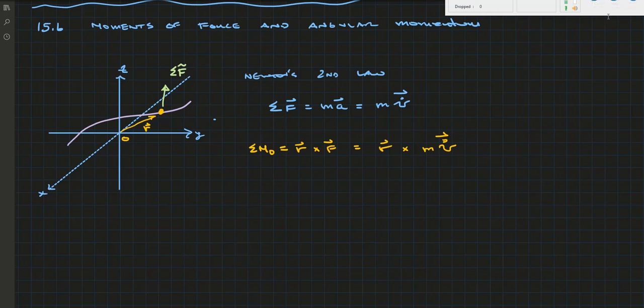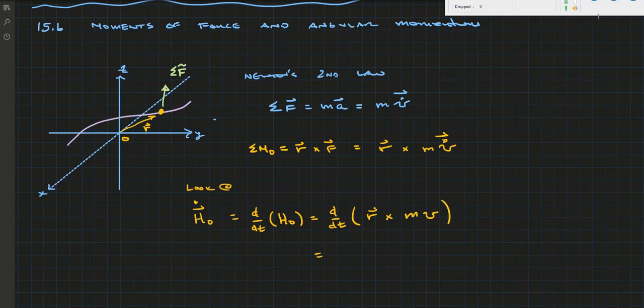So what is this M V dot stuff going on here? Well, let's look at what our rate of change of angular momentum is. That's the same thing as taking the derivative with respect to time of our angular momentum, which equals the derivative with respect to time of R cross MV.